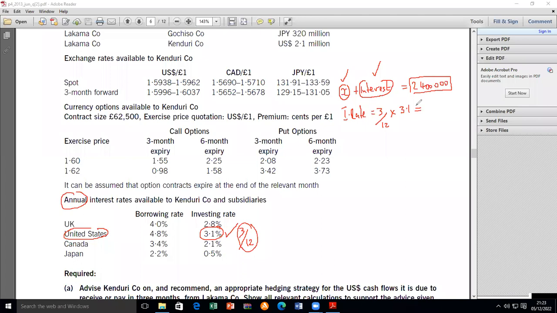So what is the answer? 0.775. So then you're saying X1 plus the interest should give you 2.4 million.